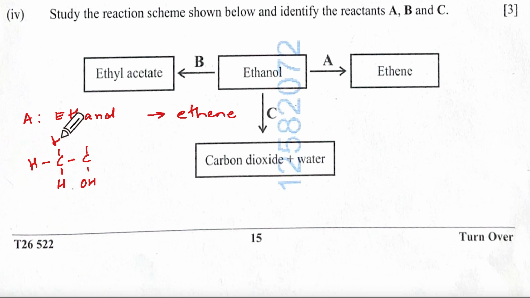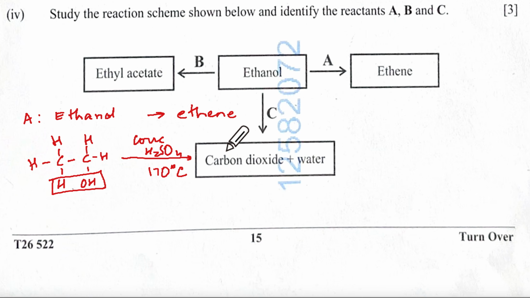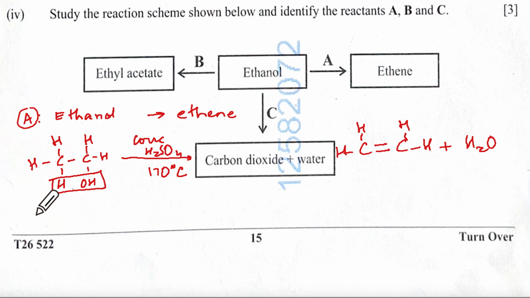So you will have H, H like this, and I will have this water going off. So concentrated H2SO4 with 170 degrees C will give us C double bond C, and this would be our reaction plus H2O. So this is your A reaction.